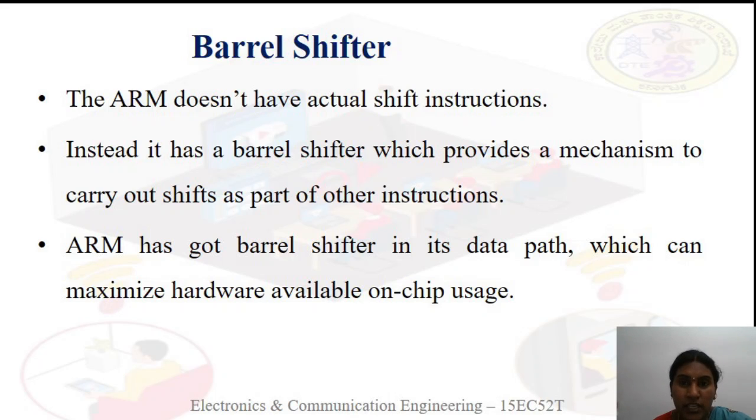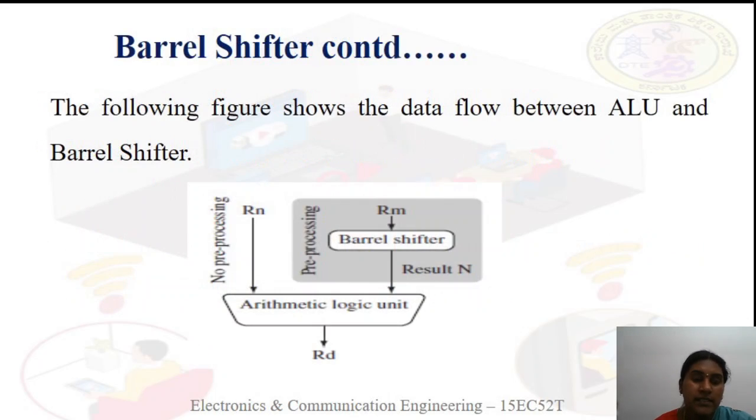It will speed up our ARM processor, and also the flexibility of the ARM processor will be increased. So ARM has a barrel shifter in its data path, which can maximize the usage of available hardware on chip. This is a diagram which shows the data flow between the ALU and the barrel shifter.